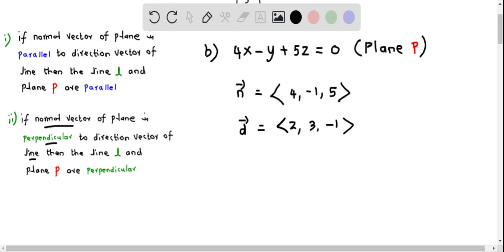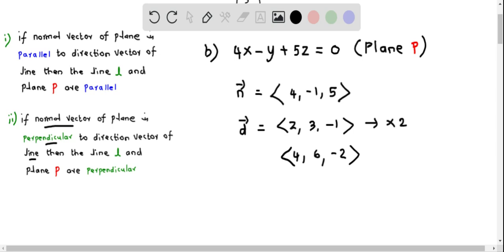If they have to be parallel, then we have to write either one of the vectors as a scalar multiple of the other vector. Let's see if we multiply this direction vector by 2. If we do that, we get 4 comma 3 times 2 is 6, and negative 1 times 2 is negative 2.